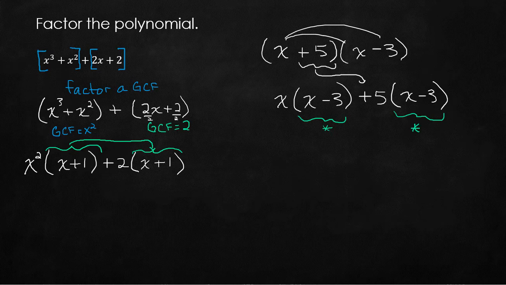And this is really just evidence of the distributive property. You should get the same thing in here. If you don't, you've probably made a mistake somewhere. So now I'm going to take this value and this value, our two GCFs. We're writing those in a set of parentheses together.